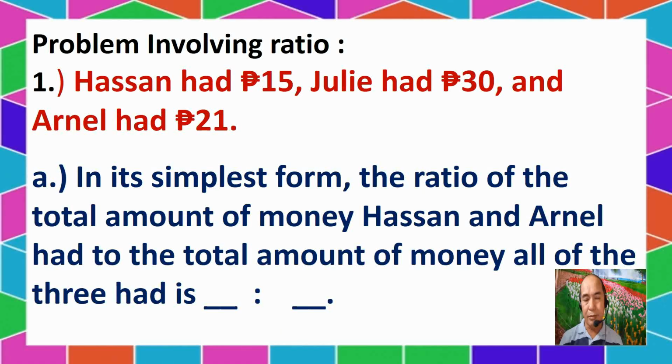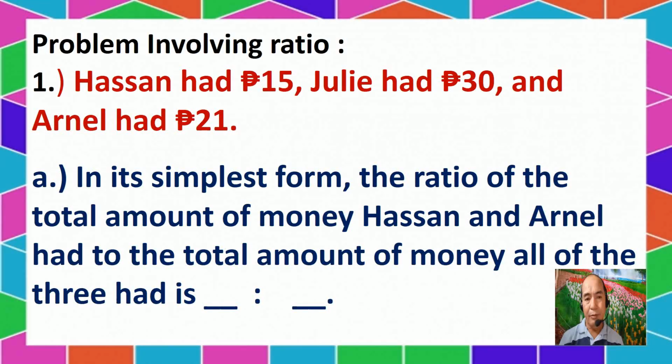Okay, what ratio are we going to determine? The total amount of money of Hassan and Arnel. So what does it mean? We will add the money of Hassan and Arnel. How much would that be? Then we will compare that to the total amount of money all of the three had.